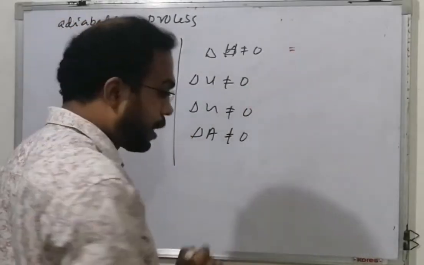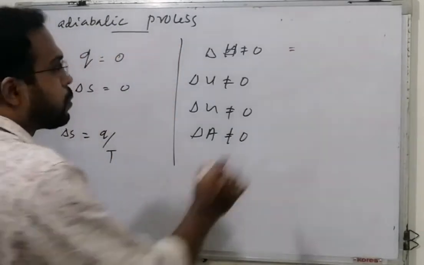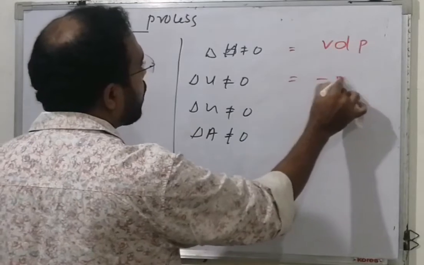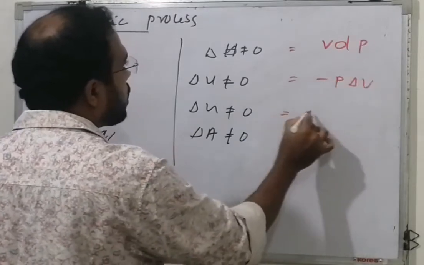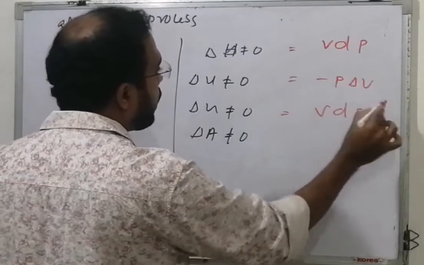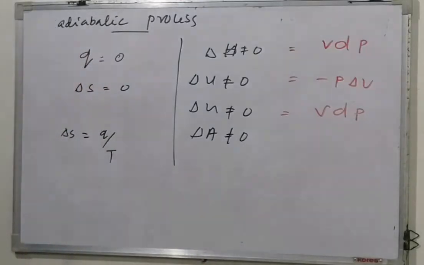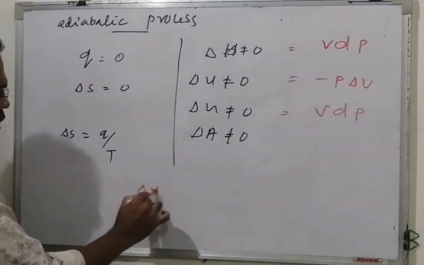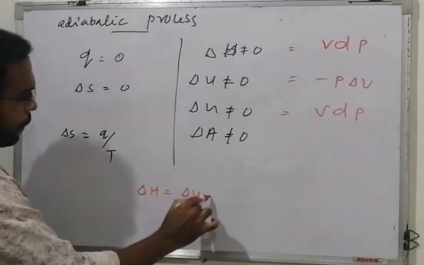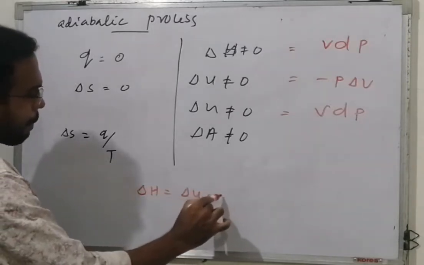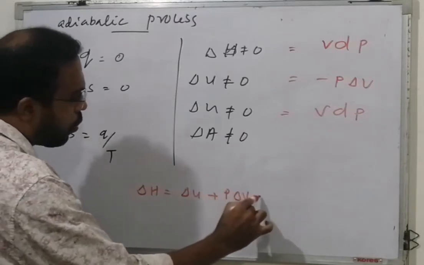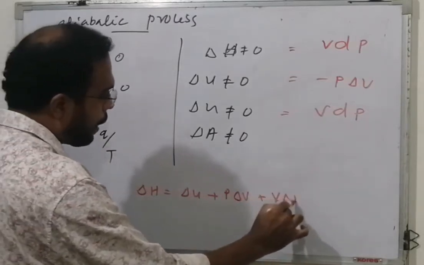For an adiabatic process, delta H is equal to V delta P, and delta U is equal to minus P delta V. You know, delta H is equal to delta U plus P delta V, or plus V delta P.